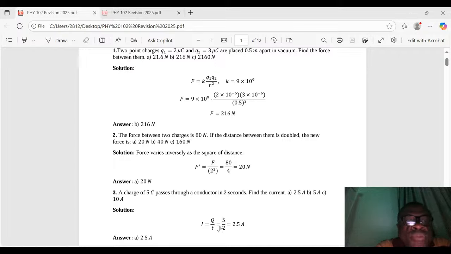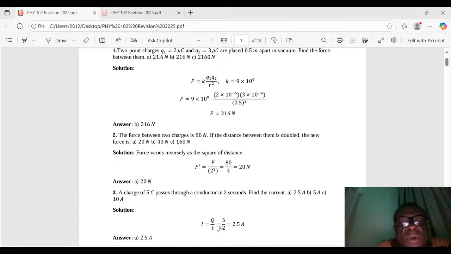Question 2. Two forces. The force between two charges is 80 Newton. If the distance between them is doubled, the new force is A 20 Newton, B 40 Newton, C 160 Newton. So look at the formula.